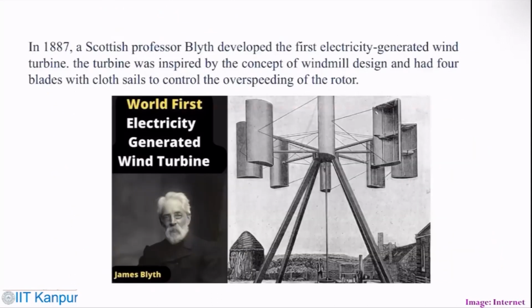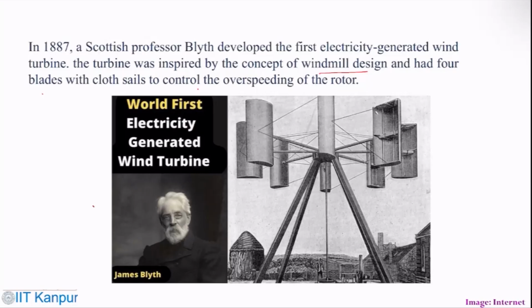And in 1887, the Scottish professor Blyth developed the first electricity-generating wind turbine. The turbine was inspired by the concept of windmill design and had four blades with cloth sails to control the overspeeding of the rotor.